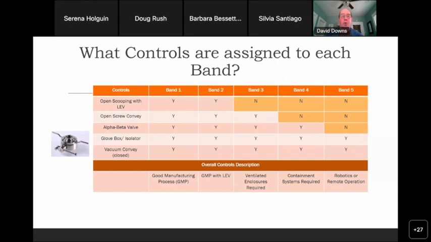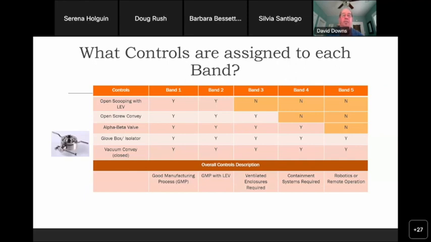These are rules that these organizations put in place as they were developing their manufacturing processes to help define what level of control they need to put in place for these materials. And remember, these are materials where we don't really have occupational exposure limits. If we have occupational exposure limits, it's a different story. You don't have to think about this banding process.